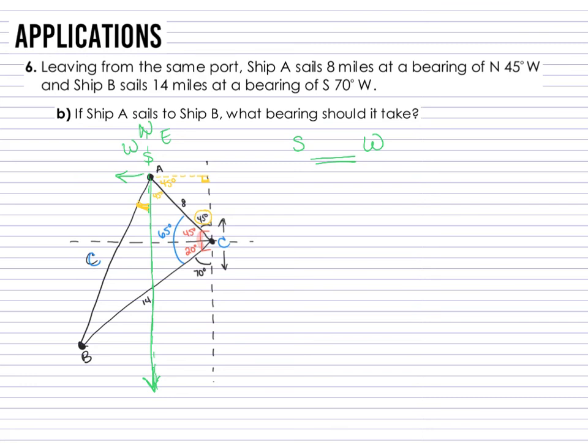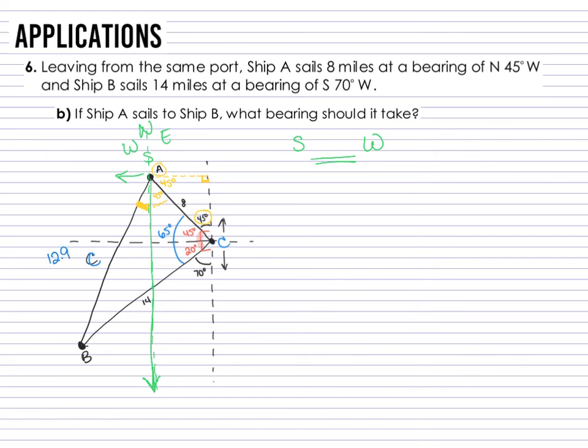So if we can solve for angle A, all we have to do is subtract this 45-degree piece to give us the angle for the bearing that we're looking for. So that's what we're going to do. We are trying to solve for angle A. We now have a side, because we solved that this was 12.9, we have a side across from an angle.